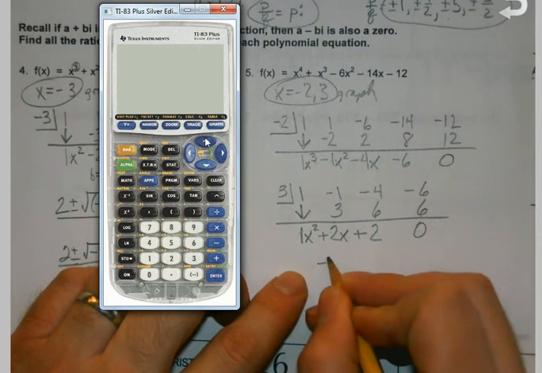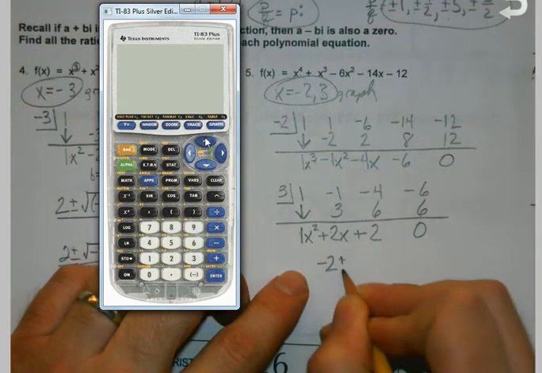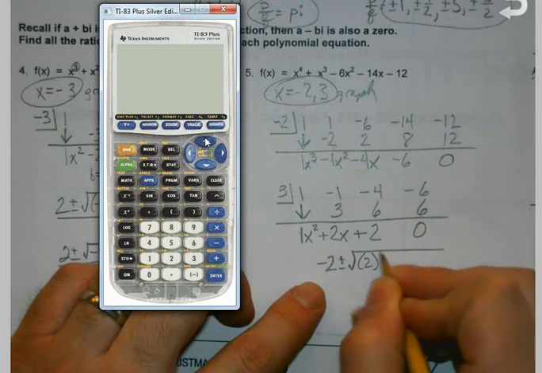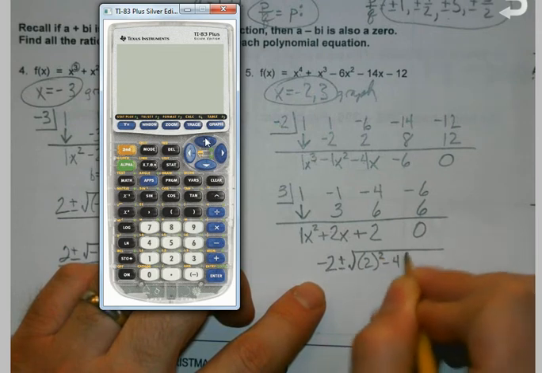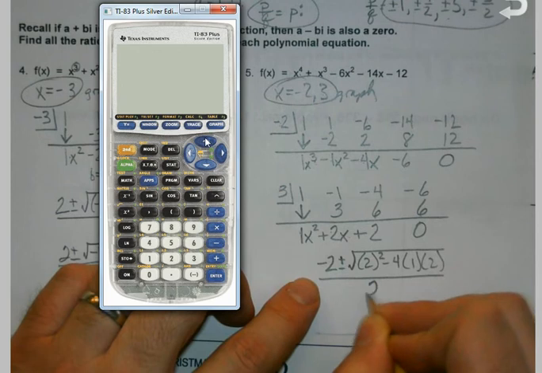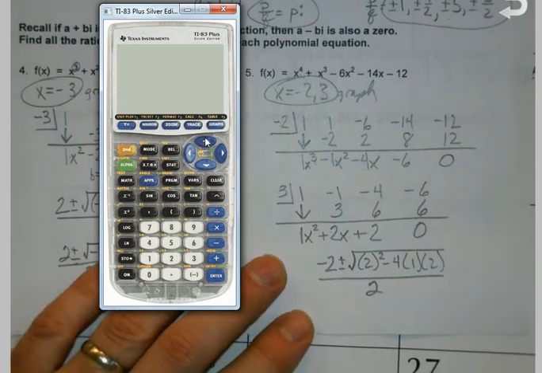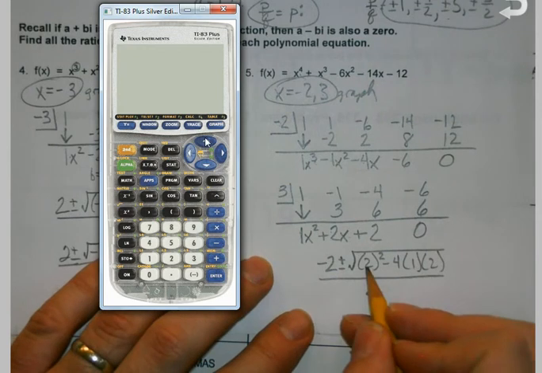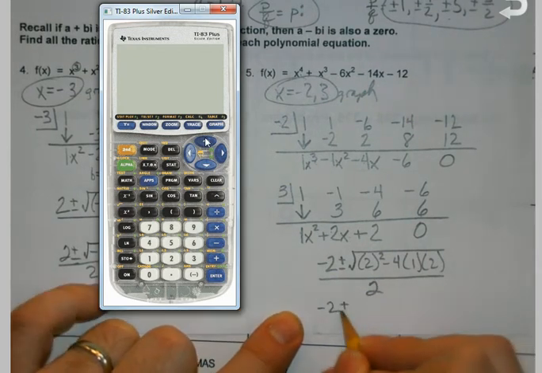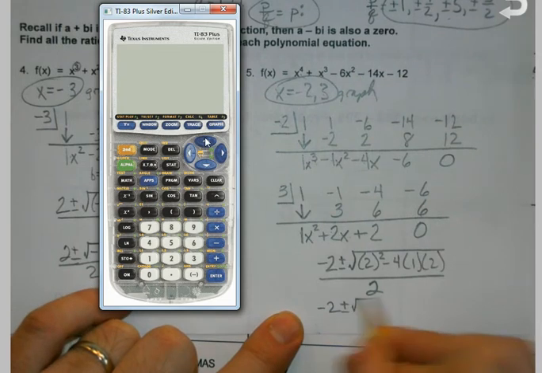So again, -b plus or minus the square root of b squared minus 4ac all over 2a, or just plain old 2, because 2 times 1 is 2 anyway. So we've got 4 minus 8, well, heck, -4.